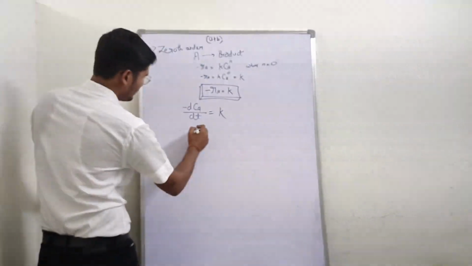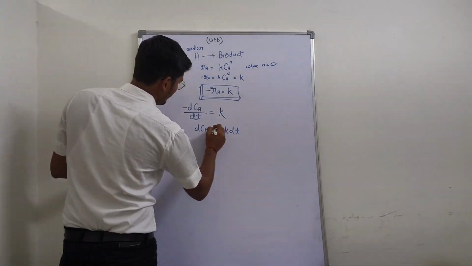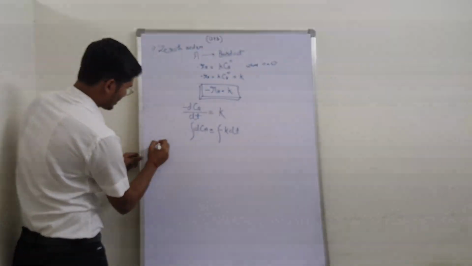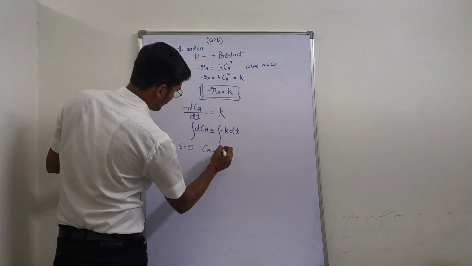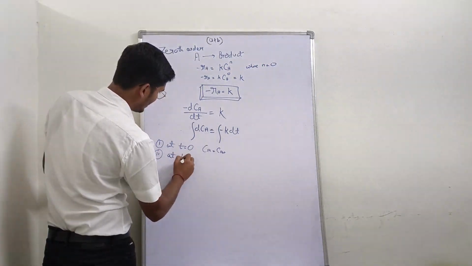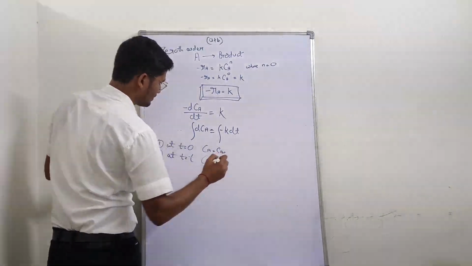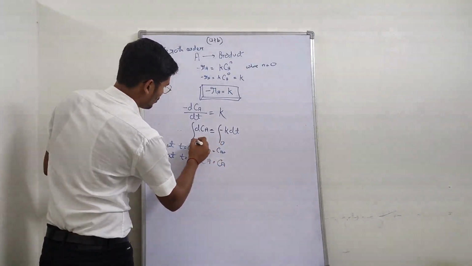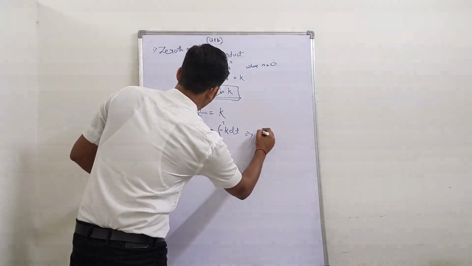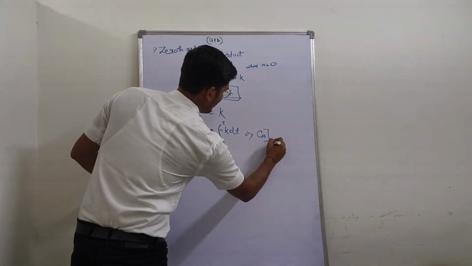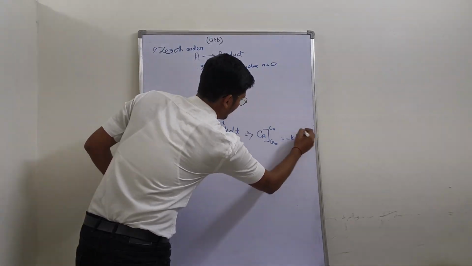Now we are going to integrate it. So dC_A equals minus K dt. My conditions are: at t equals 0, C_A equals C_A0, and at an arbitrary time t, C_A equals C_A. Putting in the limits, the integral from C_A0 to C_A of dC_A equals minus K times the integral of dt from 0 to t.